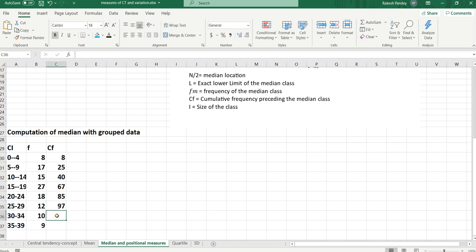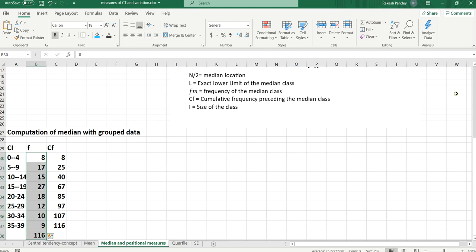Then 107, how is it coming? 97 plus 10, 107. And then this is the last one. When we add 9, it will be 116. And we will also need to compute the sum of the frequencies.